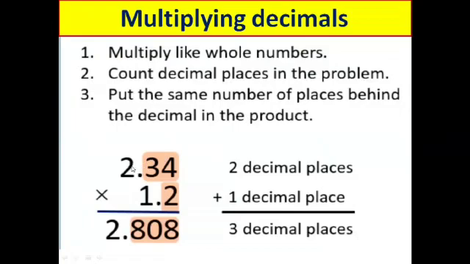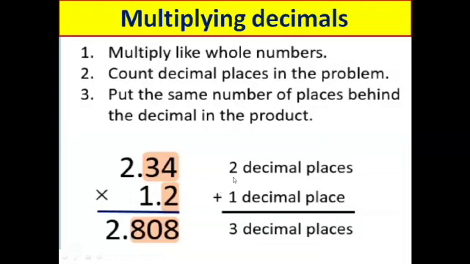Look, for example, here we have the question 2.34 multiplied by 1.2. First of all, I'll multiply 234 by 12 and I will get the answer 2808. Now I will count the decimal places in the problem. In 2.34 there are two decimal places, and in 1.2 there is only one decimal place.